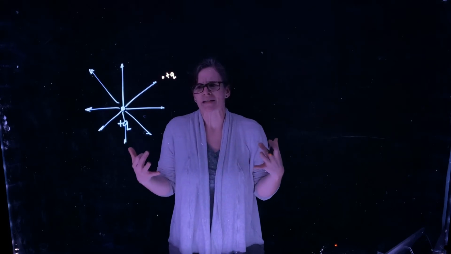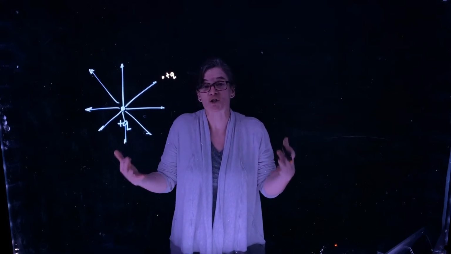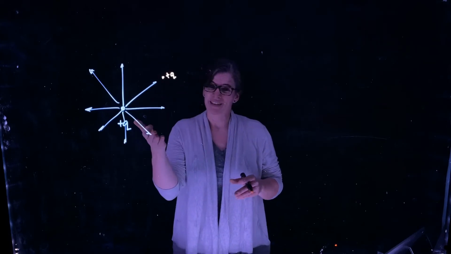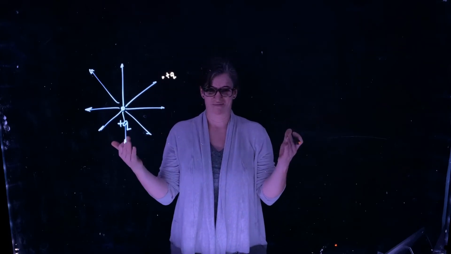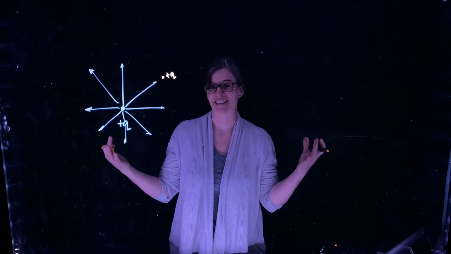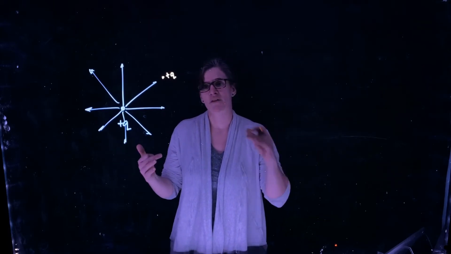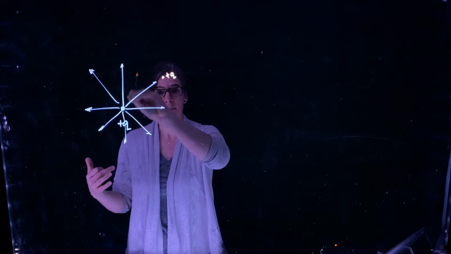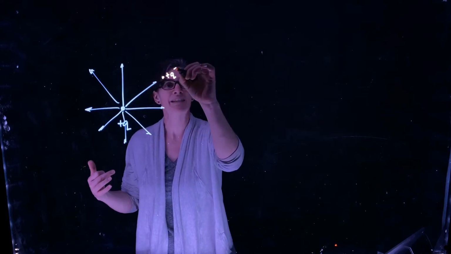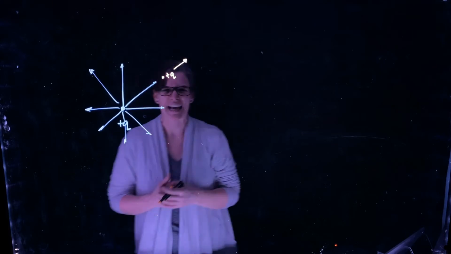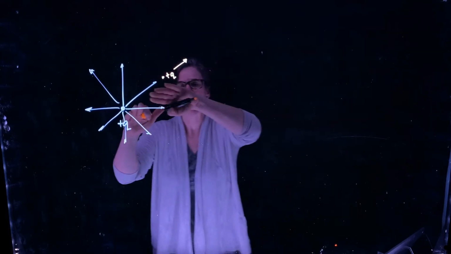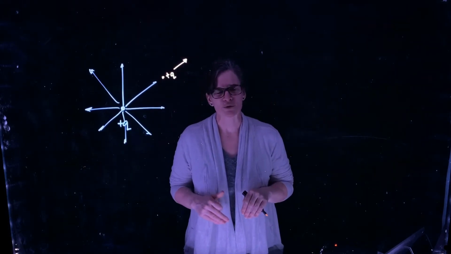What will that positive test charge do in the presence of this other positive charge? Well, these positive charges are the same. They're likes, and we know that likes repel. And so the force that this charge feels from charge Q is in the repulsive direction, the outward direction. And it's outward along a line connecting those two charges.